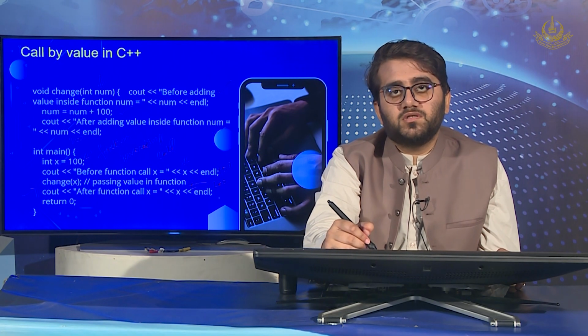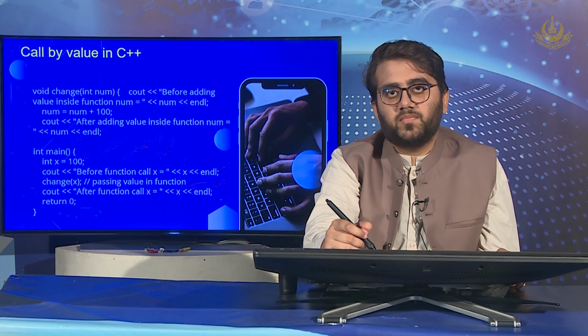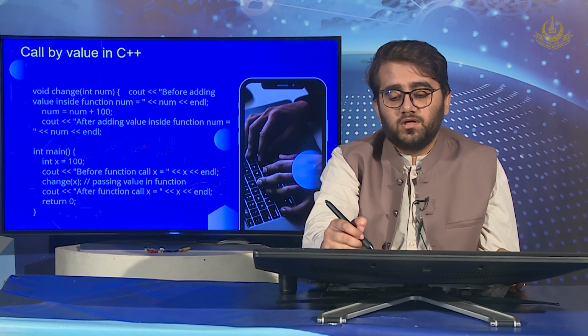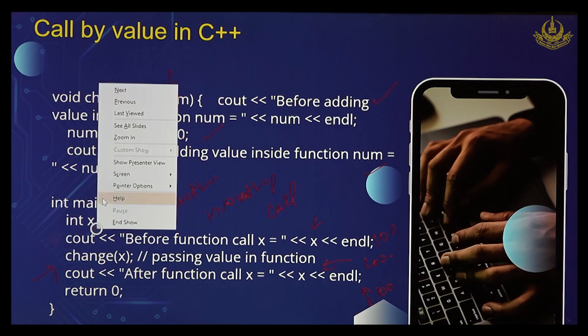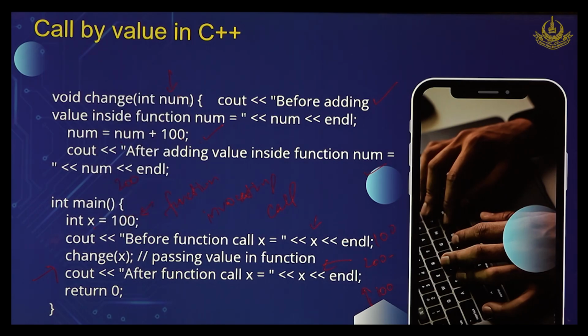However, because it is not copying the memory of the parameter, it is just copying the value. Here it would be 100, here the value would be 200, and here the value would become 100 again. Why is it so? It is so because we are just passing the value of x into num. We are not copying the address of x into num. If we had copied the address of x into num, then after the change of 100 to 200, x would become 200.